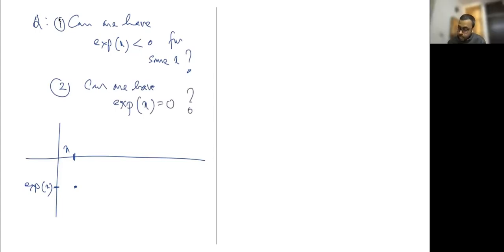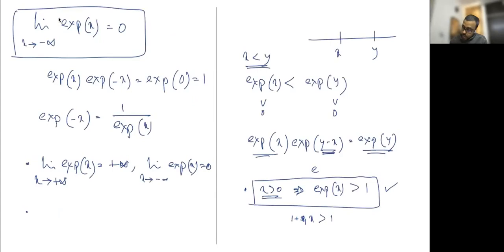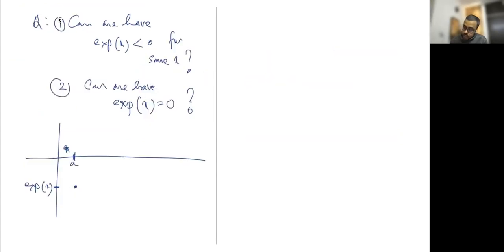Why? Suppose it holds for some point x. Then let's take another point y which is less than x, and do a similar thing. Obviously it's not possible for any positive point, because for positive points the values are in fact greater than 1. Yes. So let's suppose x is a negative point.